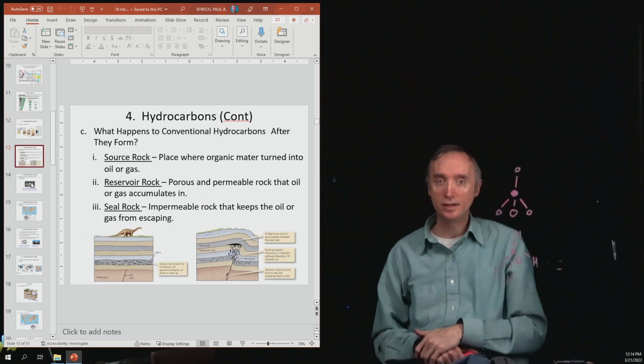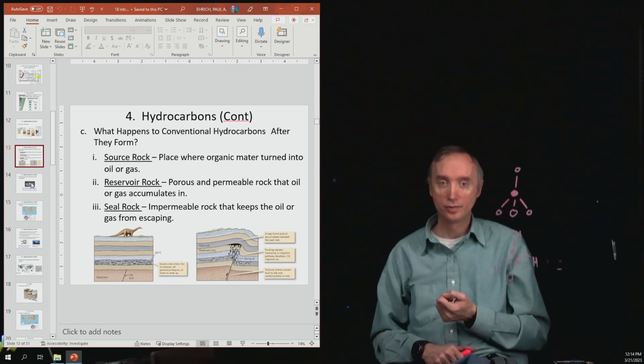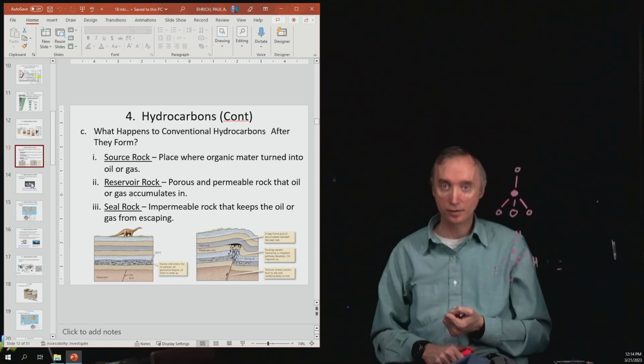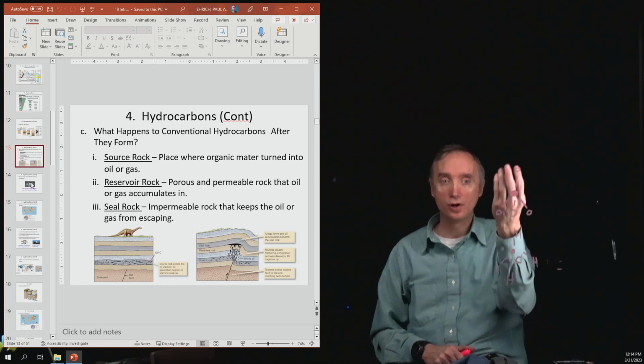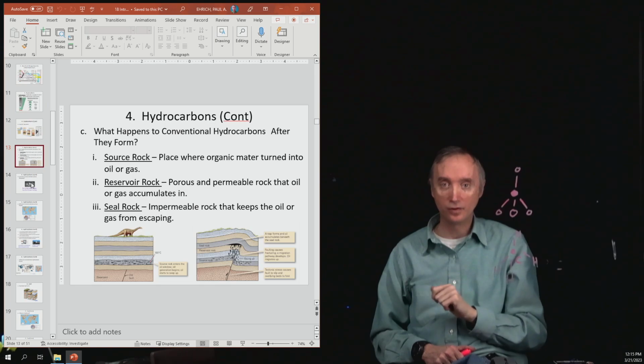Okay, then the next thing is, so once we have made the hydrocarbons, what happens to them? So the hydrocarbons are going to be manufactured in what's referred to as a source rock. Okay, then it's going to start to go up to the surface because it's going to be less dense than the rocks that it formed in, and it can flow.